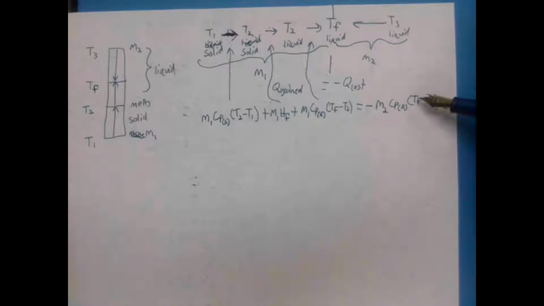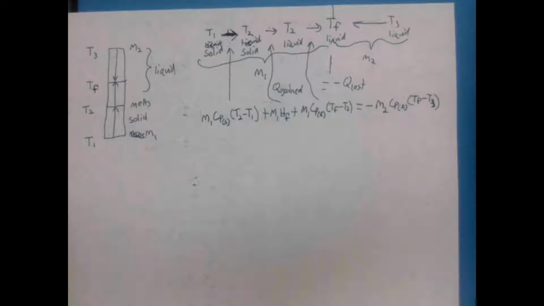Note that if you switch TF and T3 around and backwards, the negative disappears. And doing some algebra, I want to put all the TFs on the same side. So I want to move this to the right side. And this to the left side.